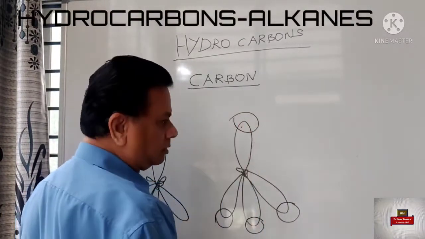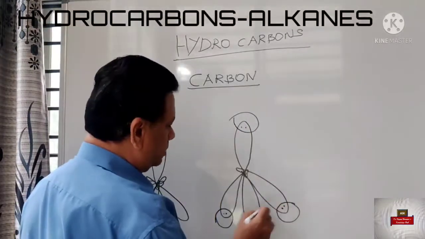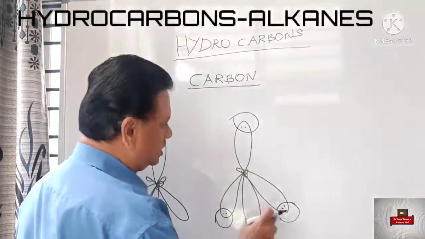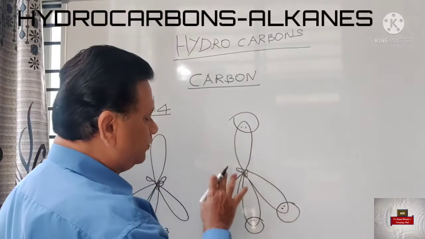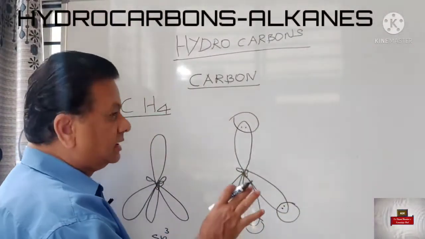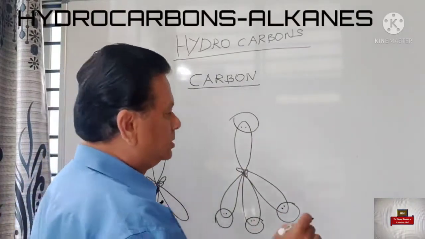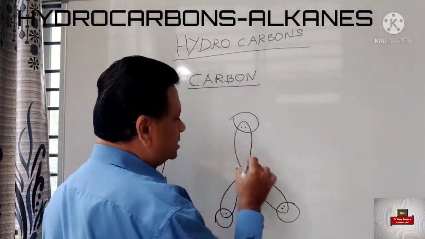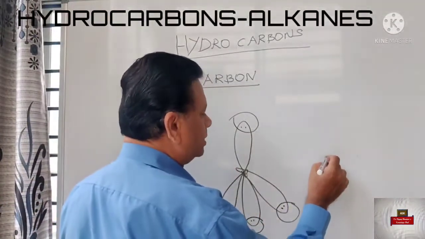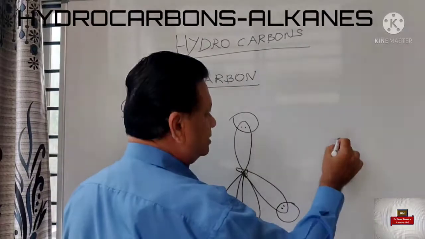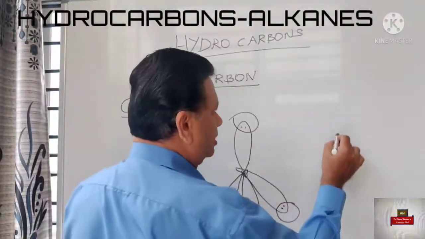So S will give one electron here. So one hydrogen here, one hydrogen here, one hydrogen here. So they form an sp3 hybridized tetrahedron having tetrahedral structure. So these orbitals are directed towards the vertices of a tetrahedron.